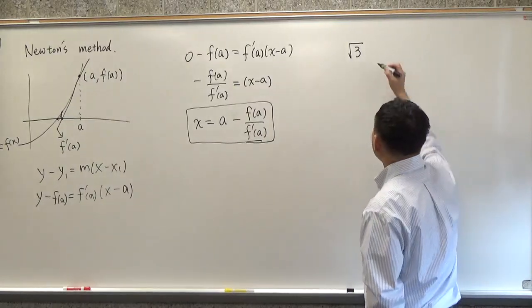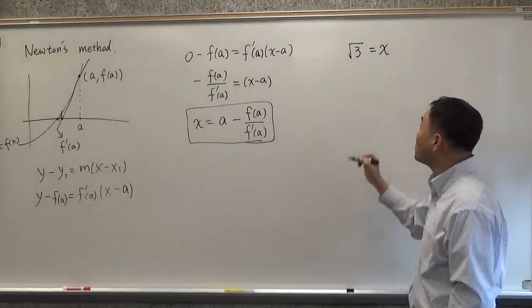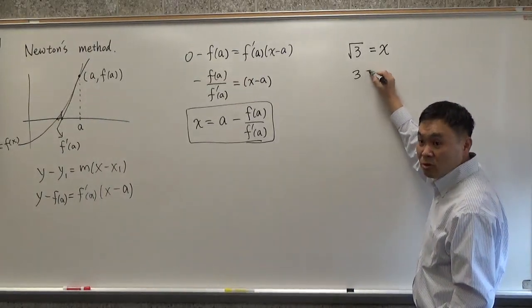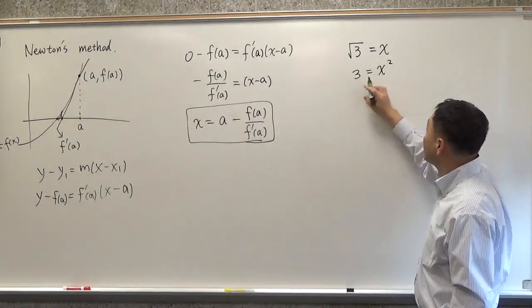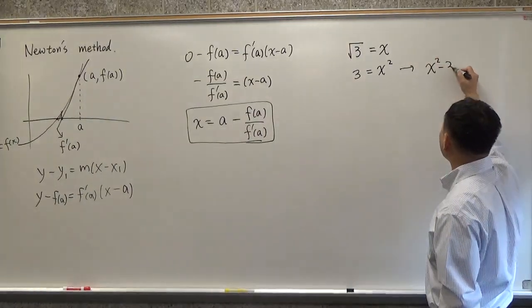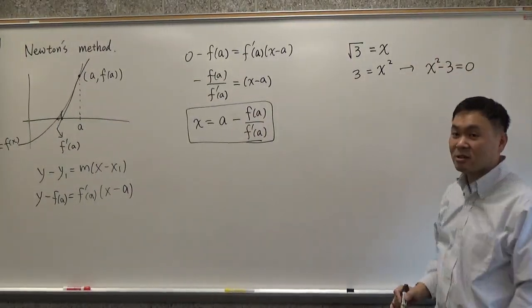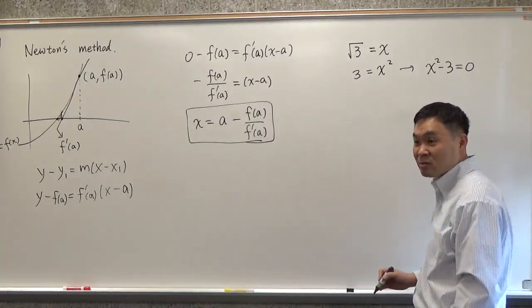First, the idea is to call this x. Square both sides, what do you get? 3 equals x squared, right? Subtract 3, so you get x squared minus 3 must equal 0. Oh, that's exactly the type of question that Newton's method can solve, right?